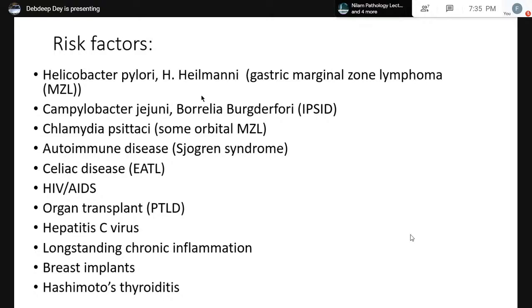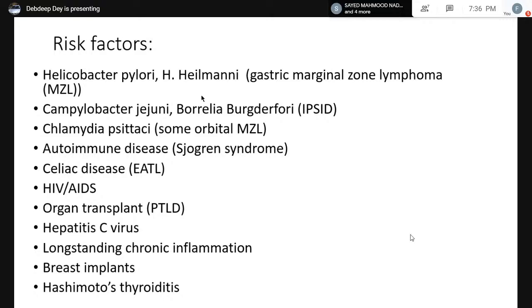Autoimmune diseases like Sjogren syndrome and SLE can also result in this. So there's a spectrum of changes from lymphoepithelial lesion to Sjogren to SLE, in the background of which an MZL can arise. Celiac disease, again not very prevalent in our part of the world but very common in the Western world, can cause enteropathy associated T-cell lymphoma.